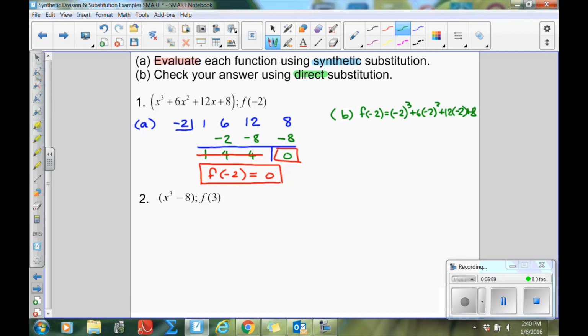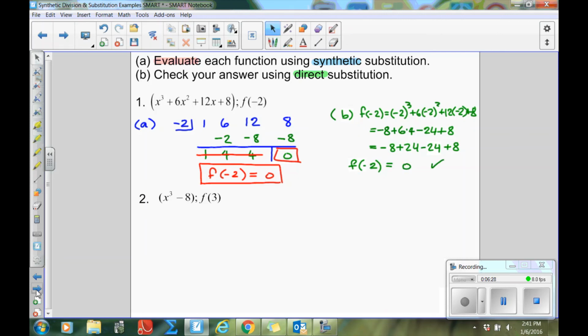And we have to be careful about order of operations and the negatives. -2 cubed is -8. -2 squared is +4. And we're going to find that the function evaluated at -2 using direct substitution is also 0. So we know our synthetic substitution worked out correctly.